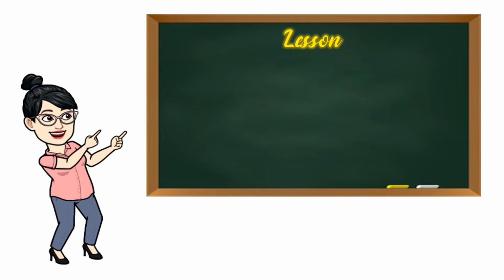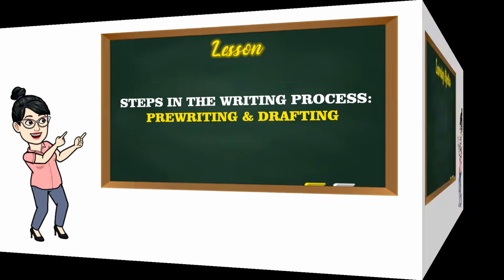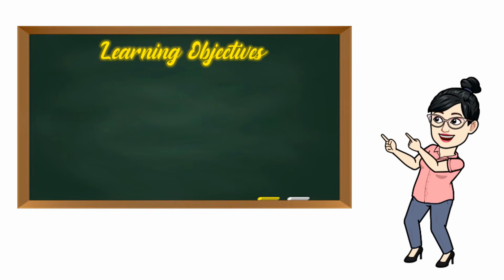Our target lesson for this video is steps in the writing process, specifically pre-writing and drafting. Since you are now knowledgeable about the types of literary text for composition and on how to select a literary text type based on the meaning and purpose, I presume you are now ready to compose literary text.